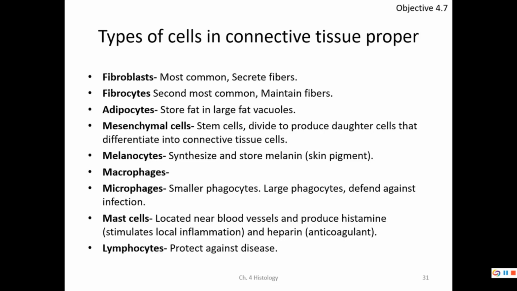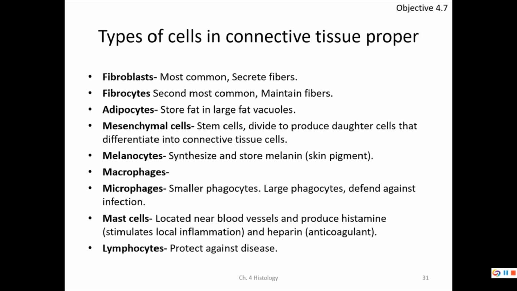They make fibers. They secrete fibrous proteins for the connective tissues. So they are by far the most common because they're the ones secreting all the extracellular matrix fibers. Fibroblast, most common, means fiber maker, fiber builder, fiber producer.